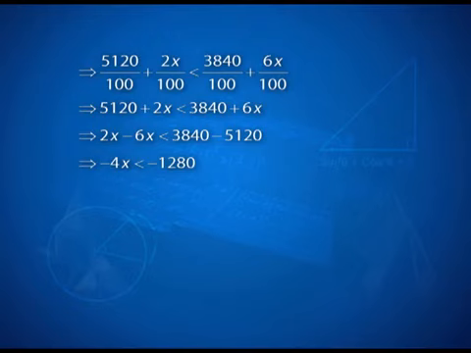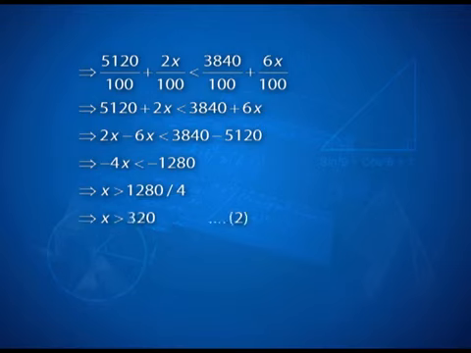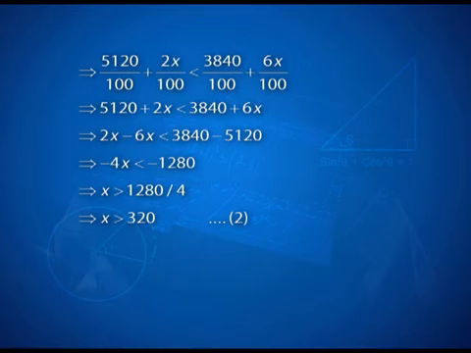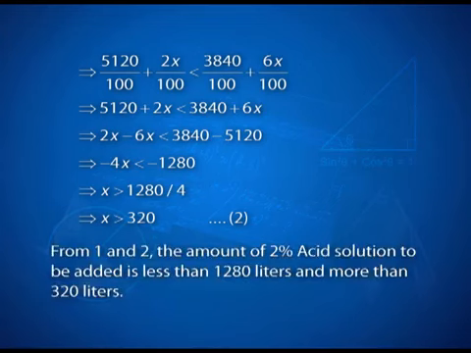On dividing by minus 4, the inequality gets reversed, giving us x is greater than 1280 upon 4, or x is greater than 320. Now, combining conditions 1 and 2, we obtain that the amount of 2% acid solution to be added should be less than 1280 liters and more than 320 liters.